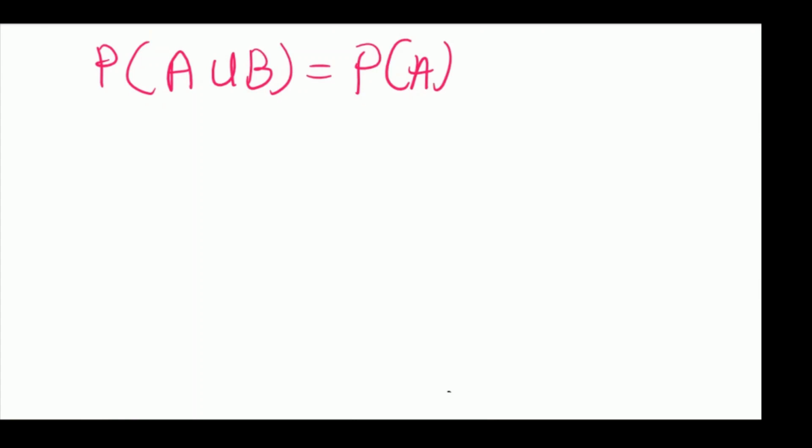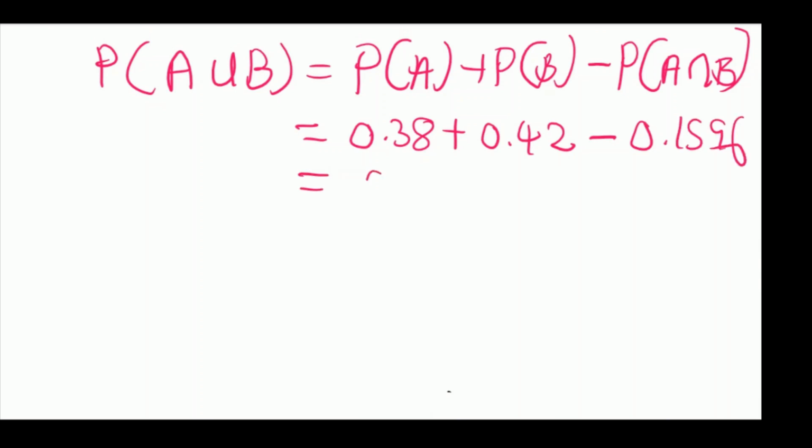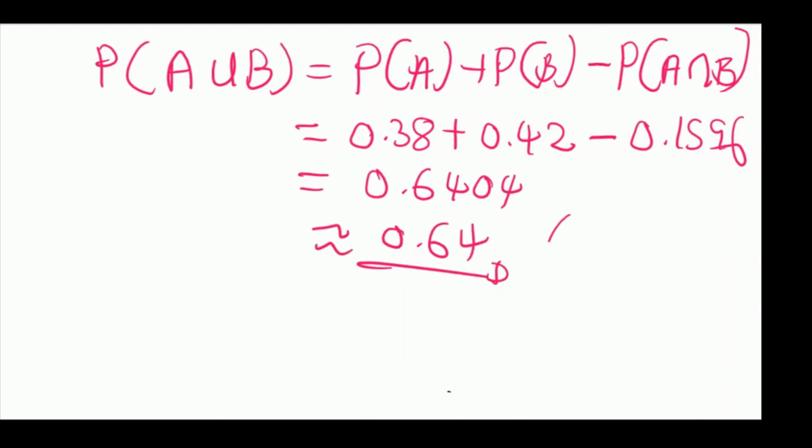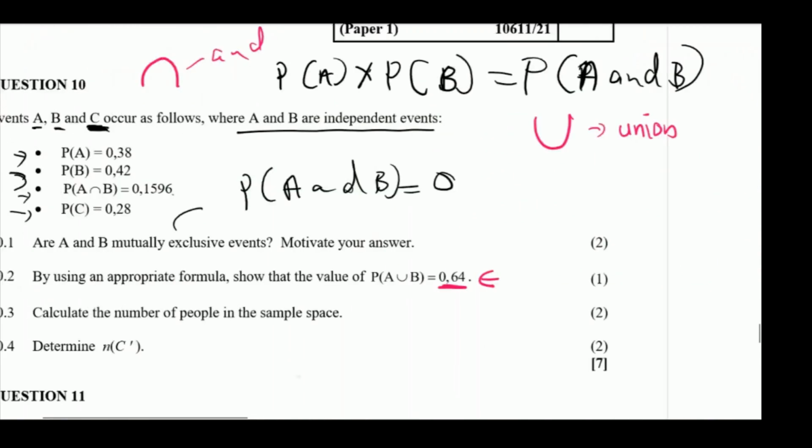For us to determine that, P of A union B is equal to the probability of A plus the probability of B minus the probability of A and B. So the probability of A is 0.38 plus the probability of B, which is 0.42, minus the probability of A and B, which is 0.1596. When you add everything together, you're going to get 0.6404, which approximates to 0.64. So this is the union of the probability of A and B, which we've now proven.